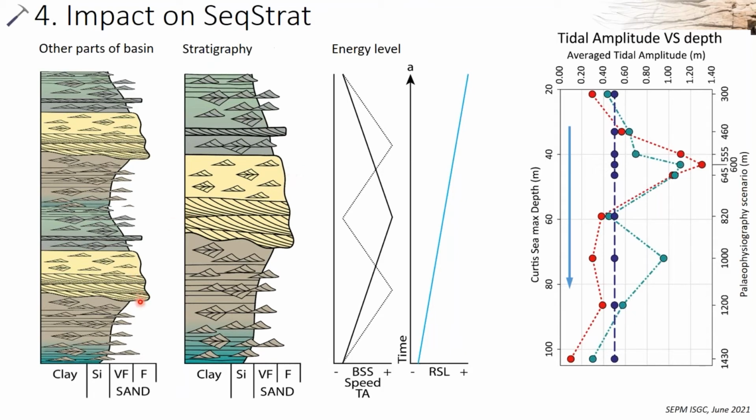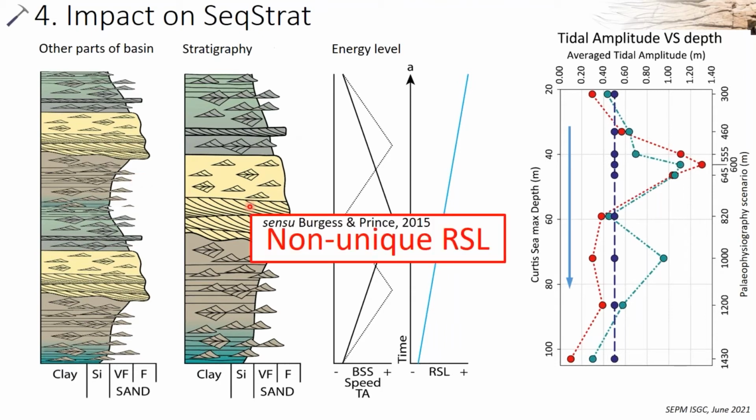But in area B, I'll end up with two coarsening up, fining up packages on top of each other. And the question now is, we have a non-unique relative sea level, meaning that one specific relative sea level history can generate completely different successions in different parts of the basin.